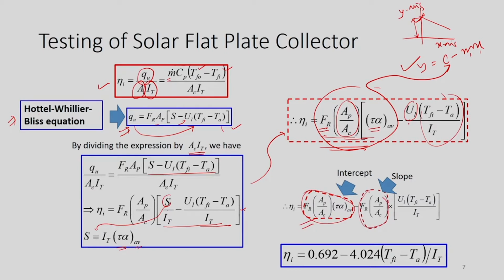For a typical case, we will get an expression something like this. We will explain how this can be generated. This is something like a straight line equation with negative slope.